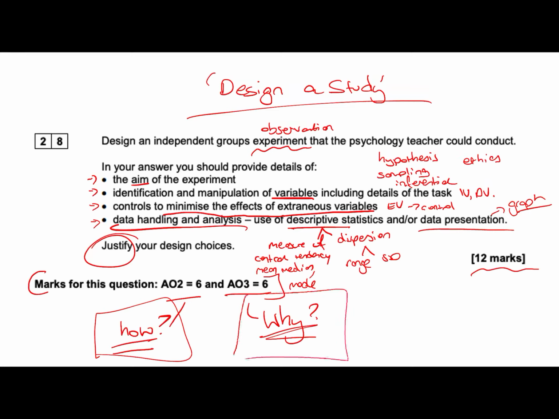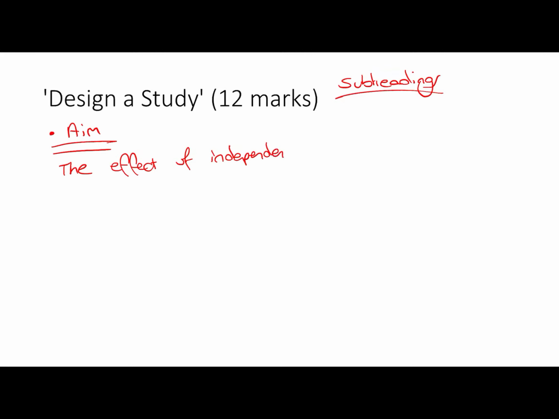So let's start looking at this question. Let's start with the structure. I would suggest using subheadings and dot points. That way you can ensure that you're sticking to the dot points that they've suggested in the question. So, the aim. In this study, the aim is to investigate the effect of independent and group tasks on happiness.